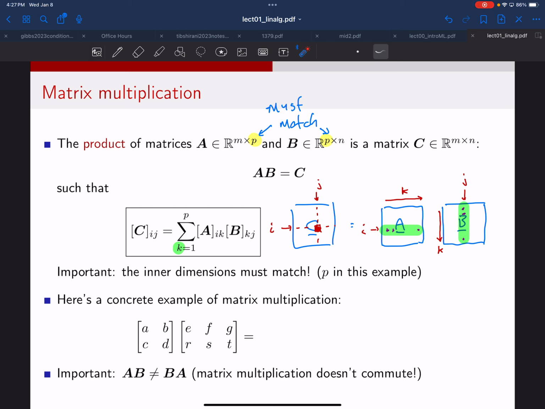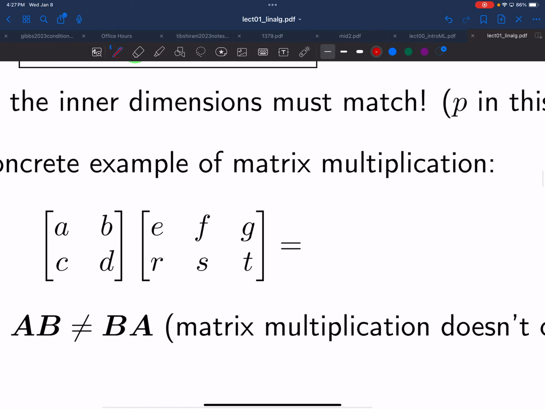Okay, so now we can do another example of matrix multiplication here. So what I'm going to do is to get this element, again, I'm going to do this times this plus this times this. So that is going to be AE plus BR. Give myself more space. And then to get the next element here, it's going to be AF plus BS.